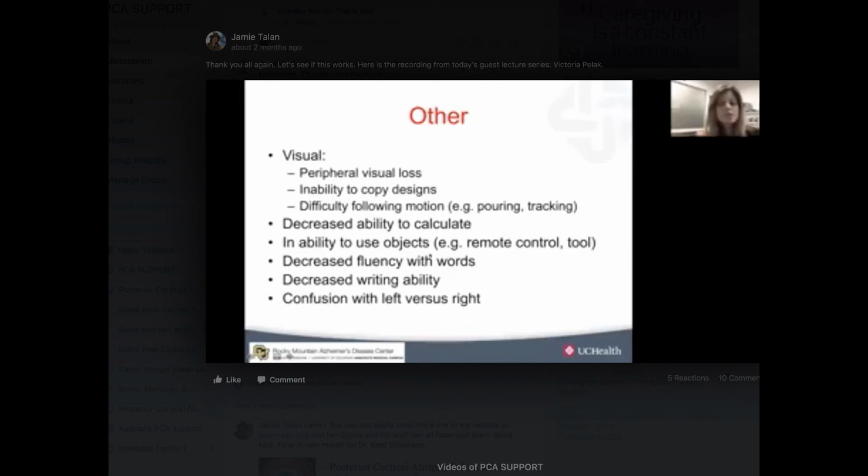And then there's other things that Dr. Rabinovich talked about as well in his talk that go along with PCA, an inability to calculate or use objects. Sometimes a decreased fluency with words can start early, decreased ability to write, and even confusion with left versus right.